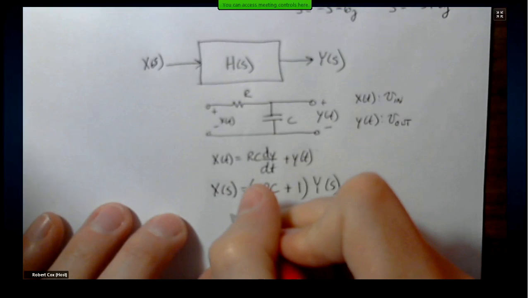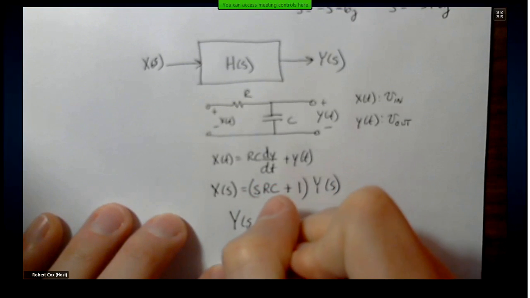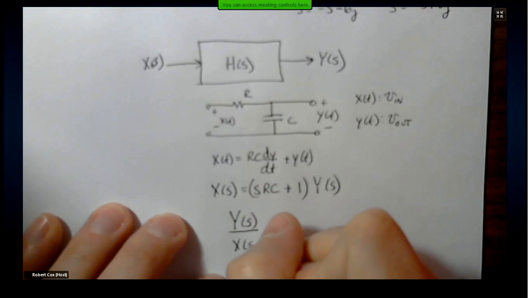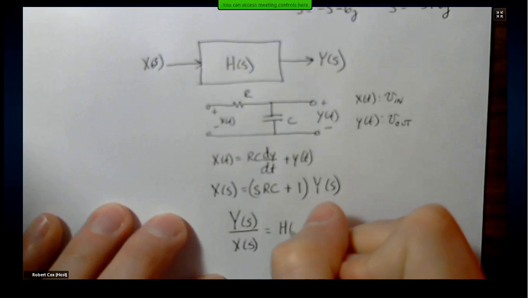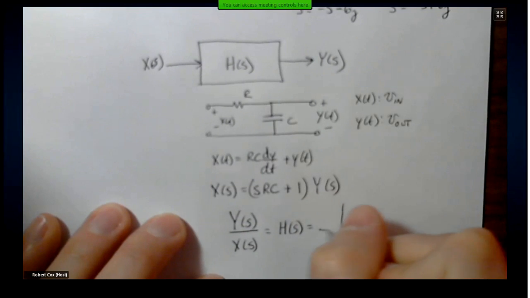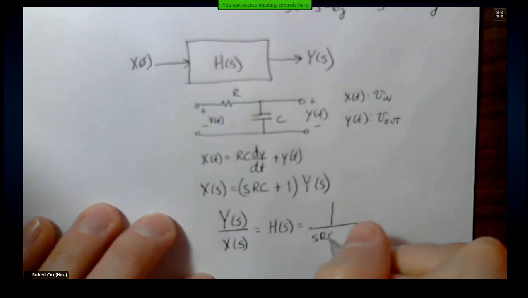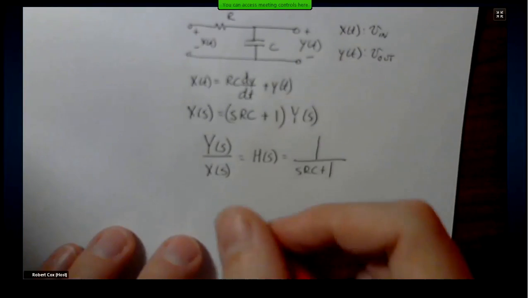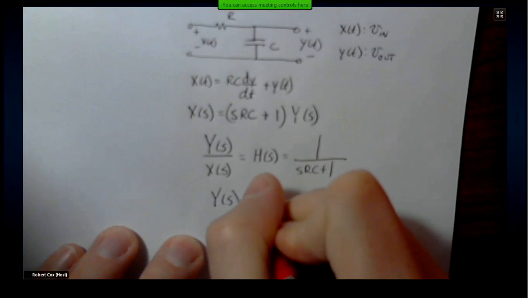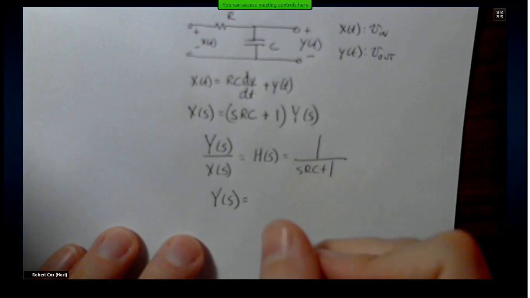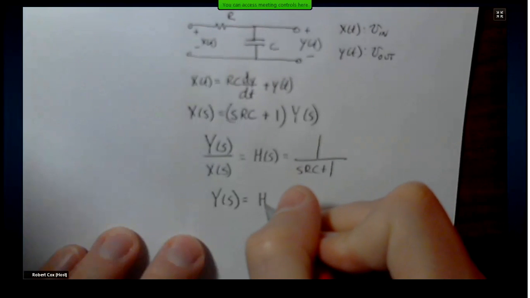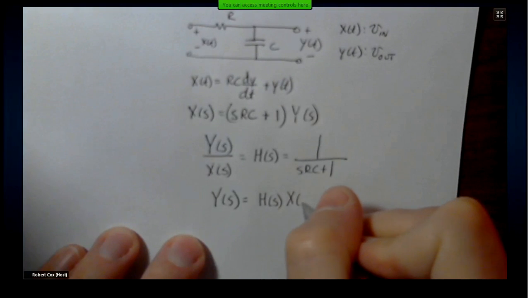We rewrite that and say y of s over x of s, which is our transfer function h of s, is 1 over sRC plus 1. So that y of s is equal to h of s, x of s.